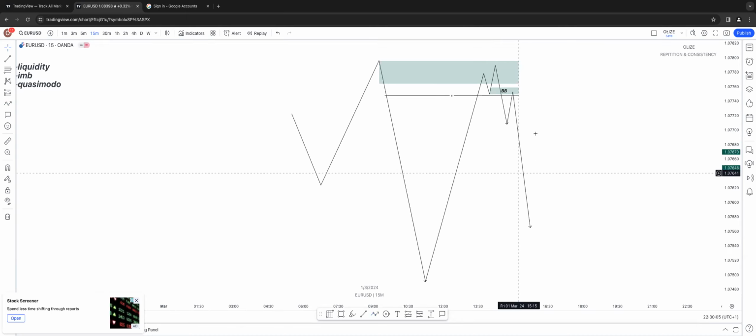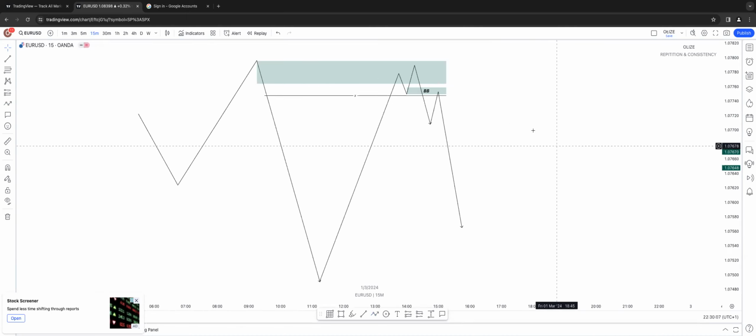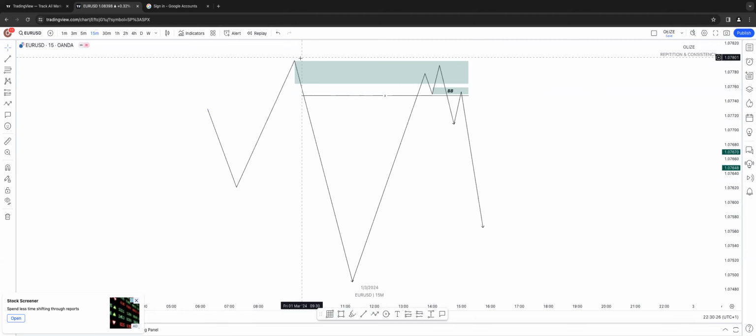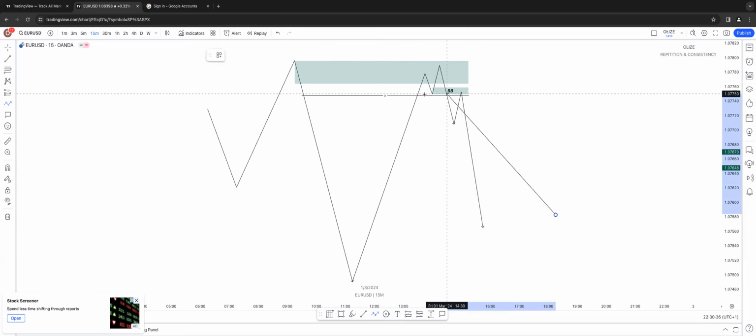So you might ask if you just go ahead selecting random breaker blocks for continuation. No, there are actually a lot of breaker blocks in the chart, but what makes a breaker block valid is when it is established in an existing POI. So let's say you already have this POI and price is reacting to it, and the breaker block is formed. Then you can make use of the breaker for your continuation.